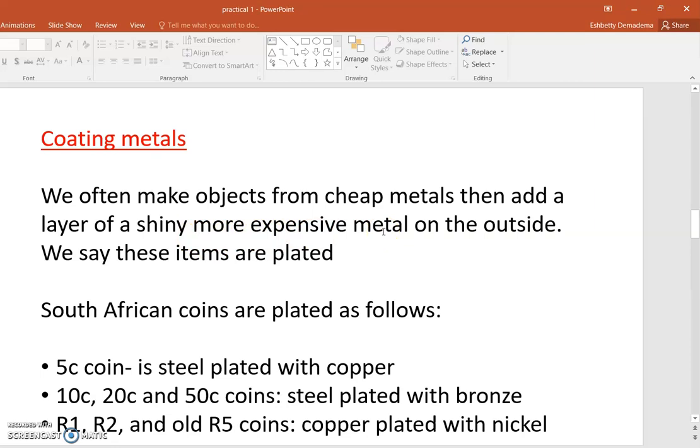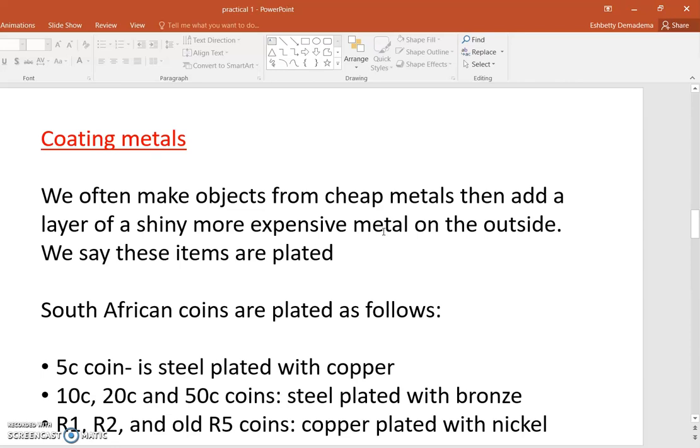I'm sure some of you have gone to certain shops and you say, oh, this is a beautiful necklace. It's all shiny. Then you buy the necklace, and after a week or two, it starts losing its shine. So we say that these items are plated. They've got one metal on the inside, and then they've been covered with another metal on the outside.